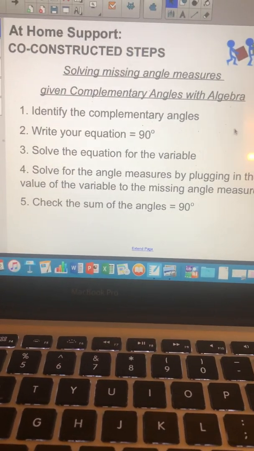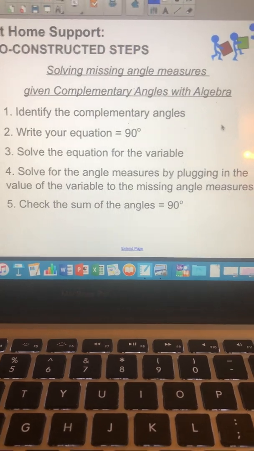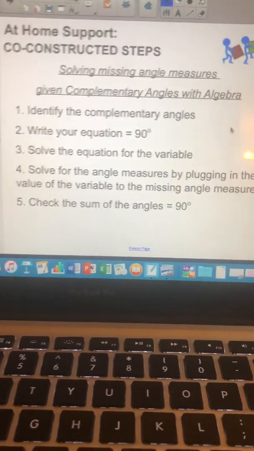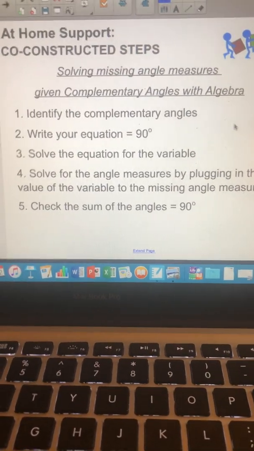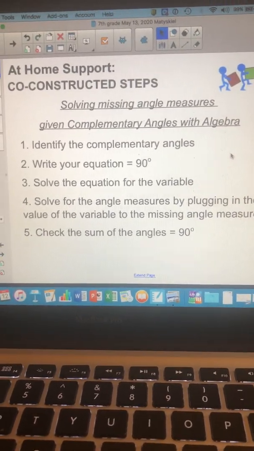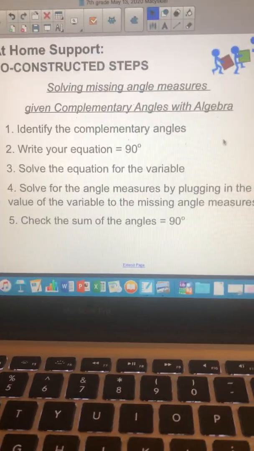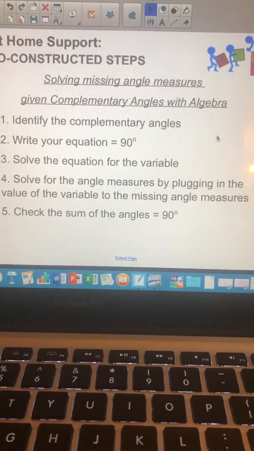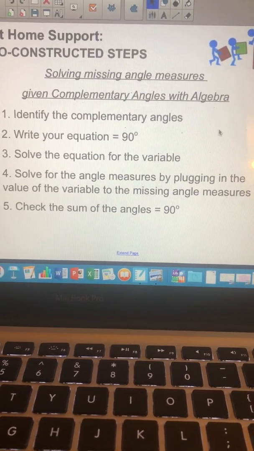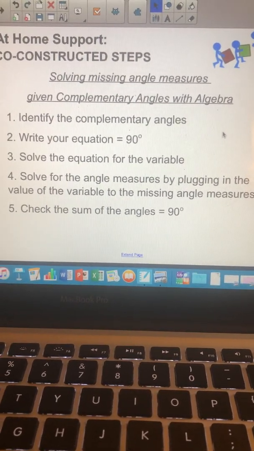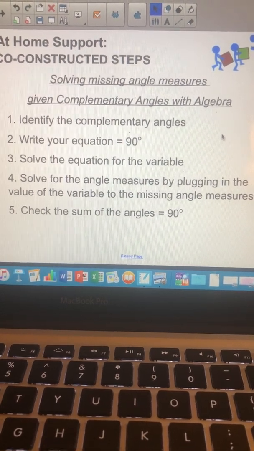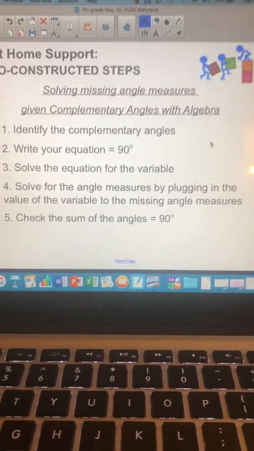Your equation today should always equal 90 because we are finding the missing angles of complementary angles. Complementary angles add to 90. Then you solve your equation for the variable, and then if the question asks for it, you also find the missing angle measures by plugging it in. And then you should always do that quick check by making sure they sum to 90 degrees.